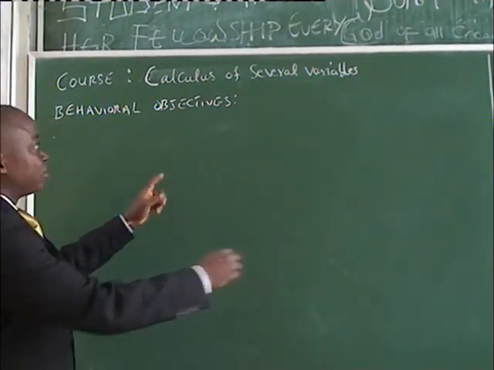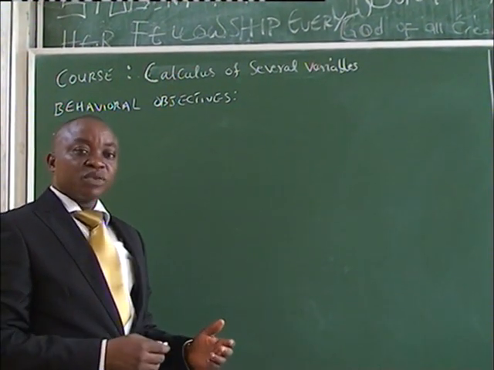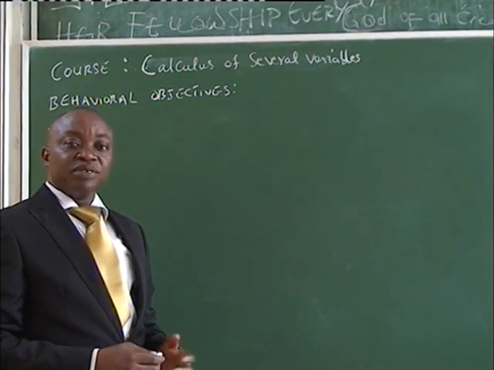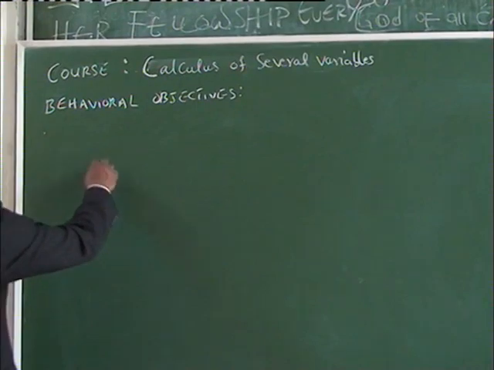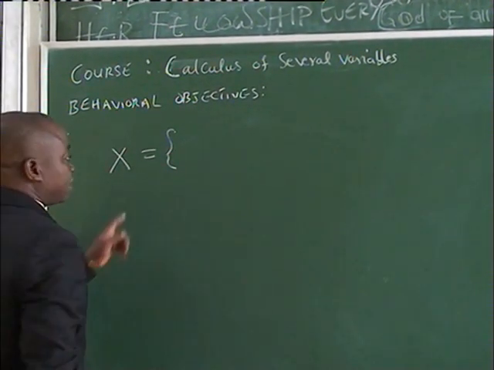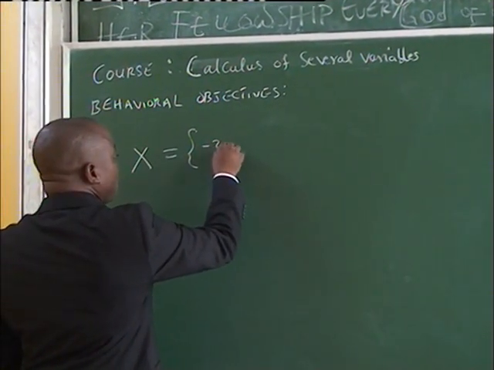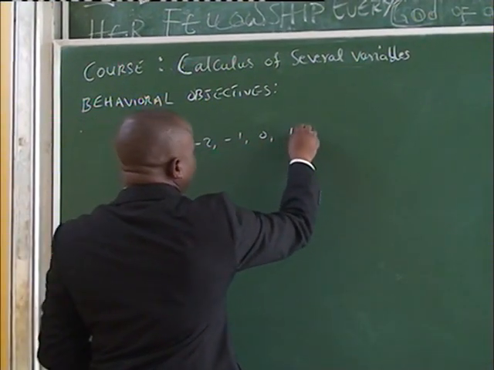Before talking about functions of several variables, I'd like to relate us to what we know in elementary calculus, which is function of one variable. Now, consider these two sets. I have set x. Set x is minus 2, minus 1, 0, 1, 2.